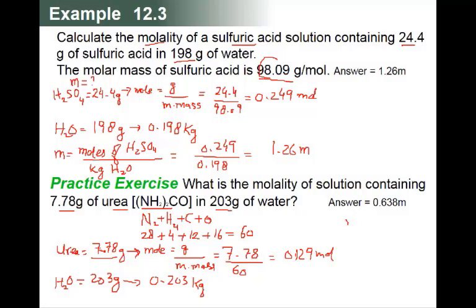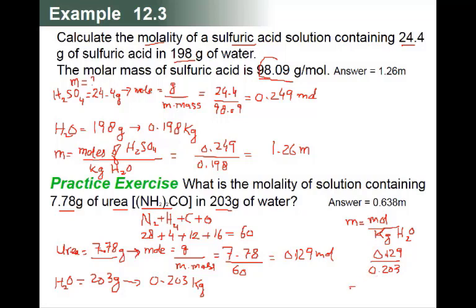This is molality. Formula is moles of the urea divided by kilogram of water. So moles here we calculated 0.129 divided by kilogram is 0.203.